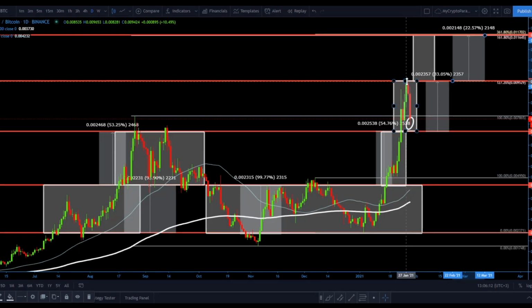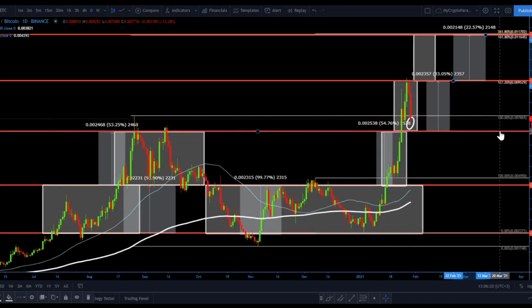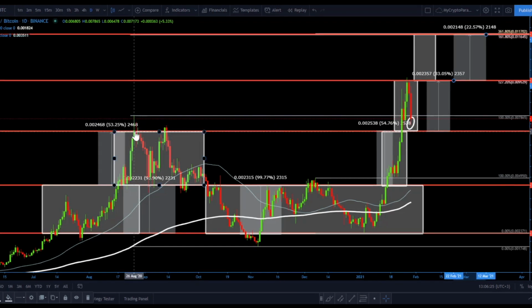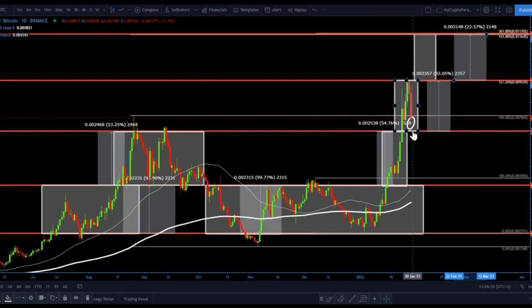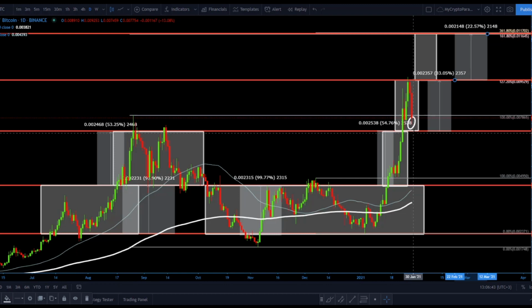What we had is the rejection of the resistance, and then price went down and potentially could be testing this support at 0.007, which is the previous area of resistance. Now, this definitely could be a buying zone for AAVE if this support holds.